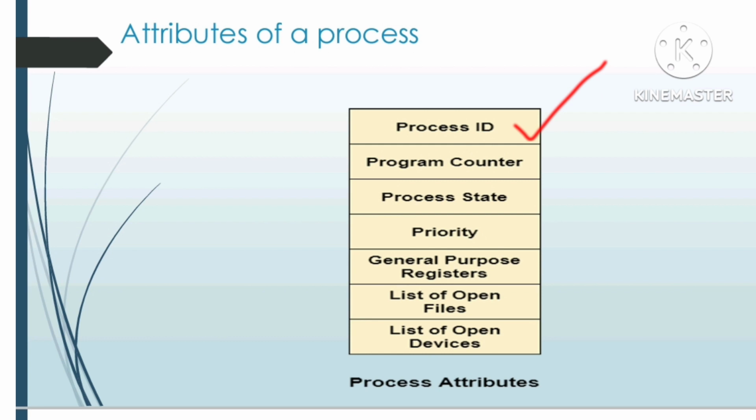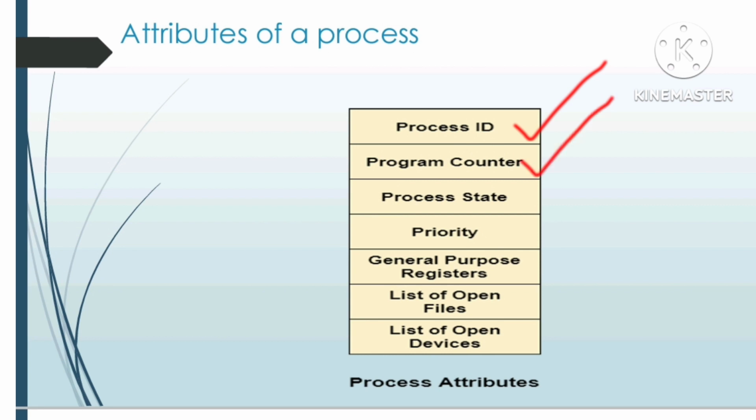It is a unique number which will be given to a process in a computer. Every process will get a different number. And coming to this process ID, it is different depending on the operating system. Some operating systems will use 16-bit, some will use 32-bit, like that.